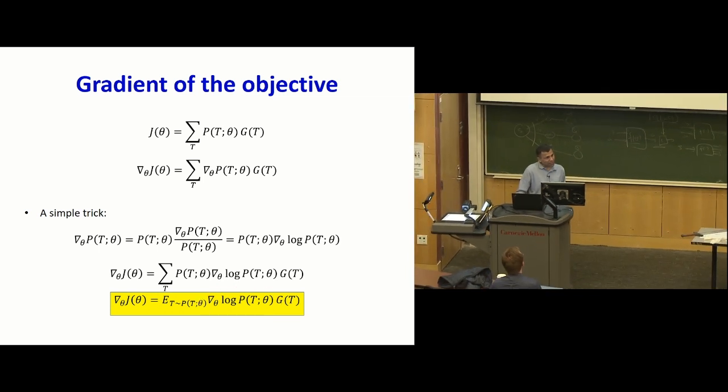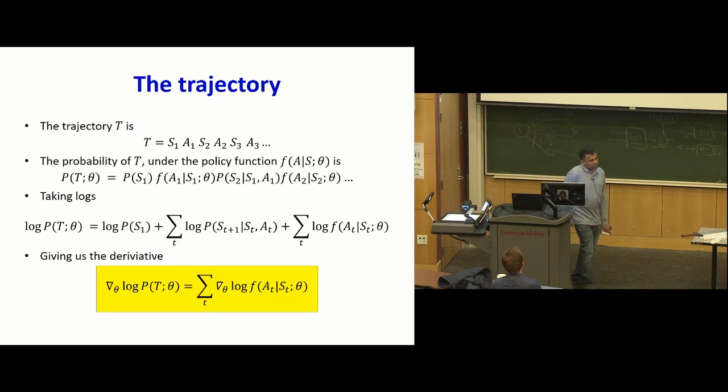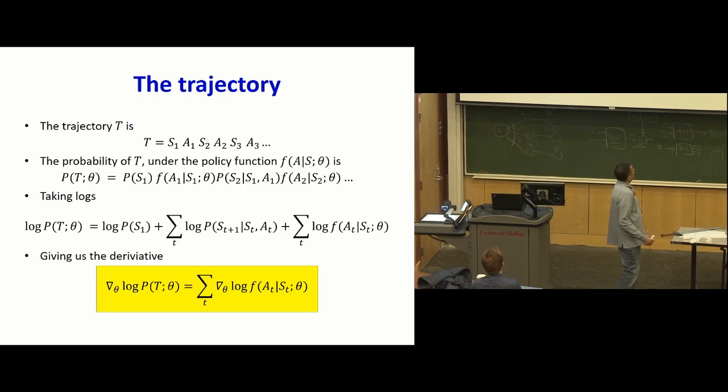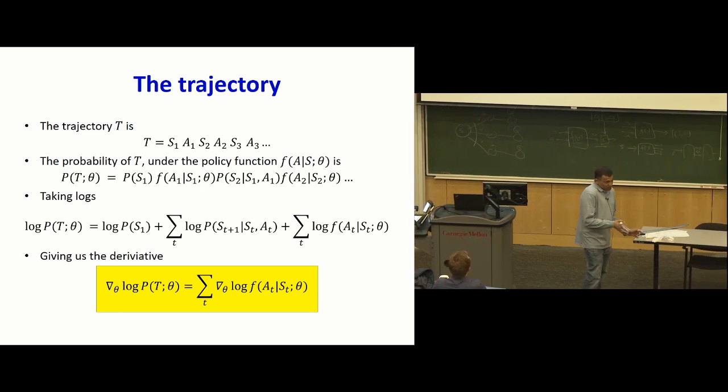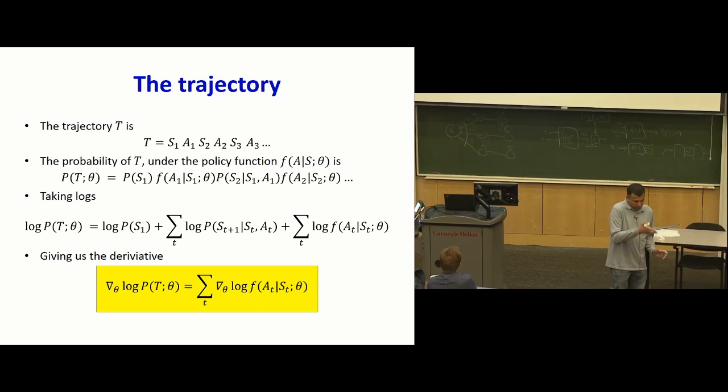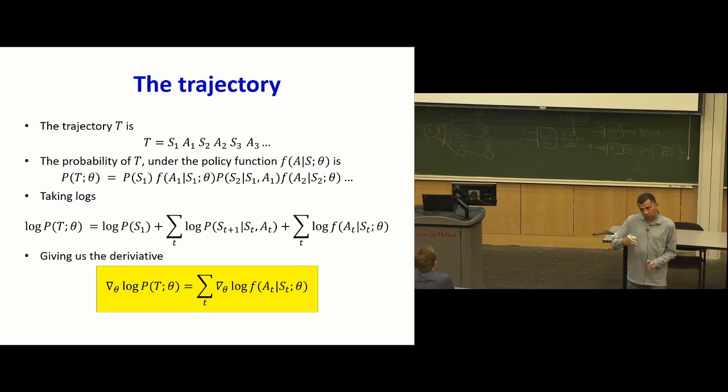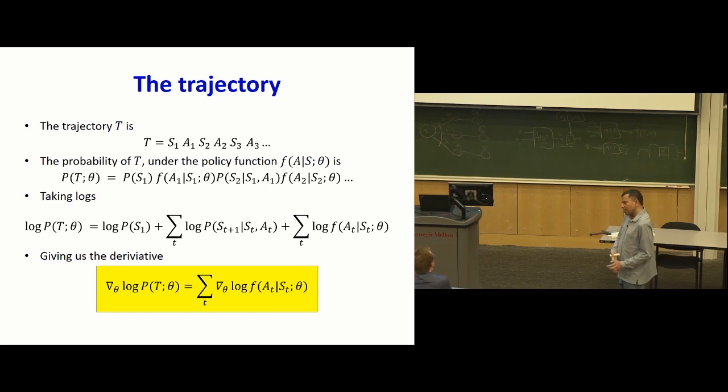I still have to figure out what the derivative of the log of the probability of a trajectory is, and that's easy enough. The probability of a trajectory is going to be the probability of the state times the probability of the action given the state times the probability of the next state given the previous state and action times the probability of the next action given the next state, and so on.